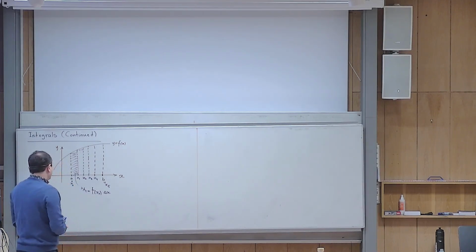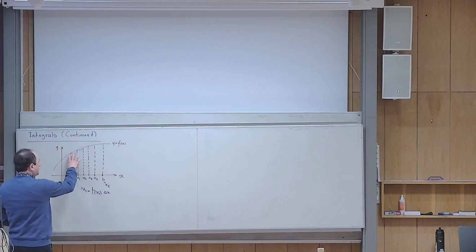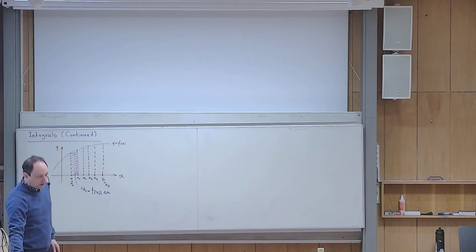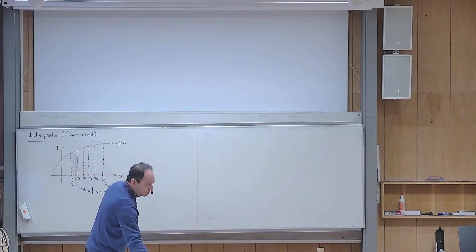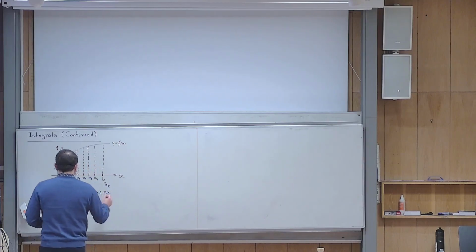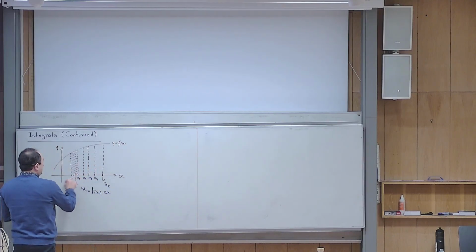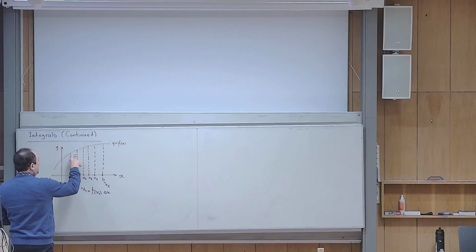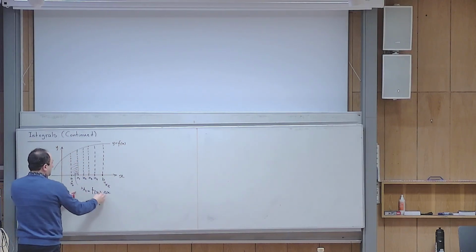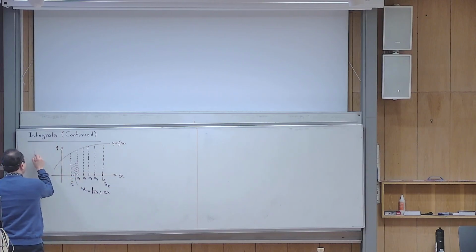So let me explain what I mean by that. For example, this was the strategy that I did. Let me also explain the strategy in the book, which is actually based on the midpoint. Instead of constructing the rectangle on the minimum value, by the way, this sum that I get for the minimum value is called the lower sum.